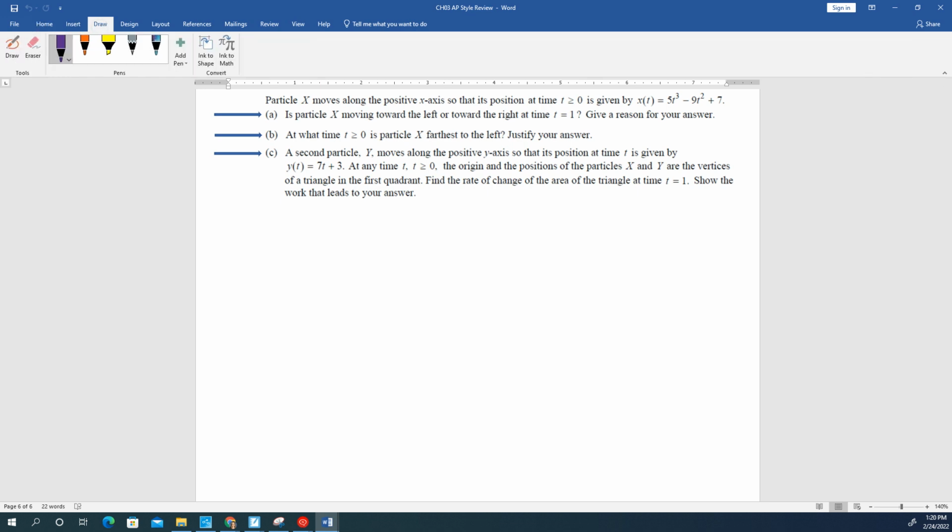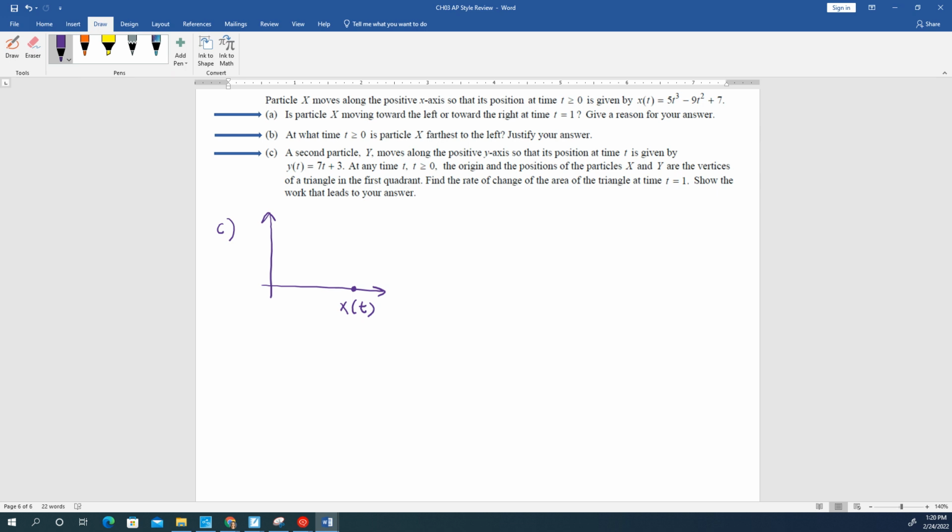Okay, here we go, part C. We already did parts A and B. A second particle, Y, moves along the positive y-axis, so that its position at time t is given by this linear function. All right, so to go back, we had particle X that was moving along the x-axis. So we'll just kind of draw a picture here.